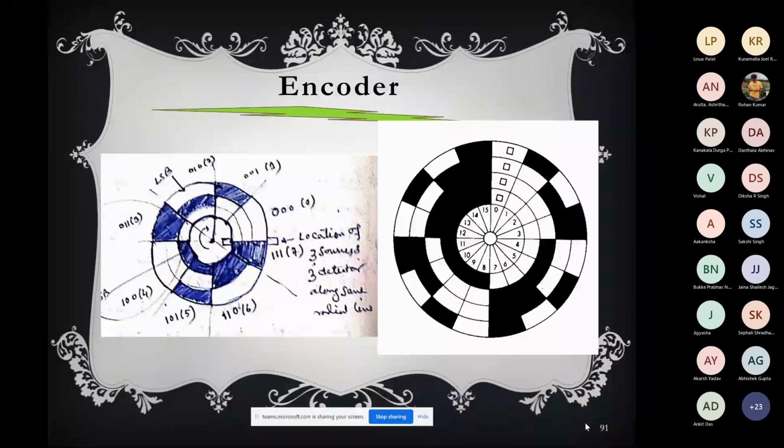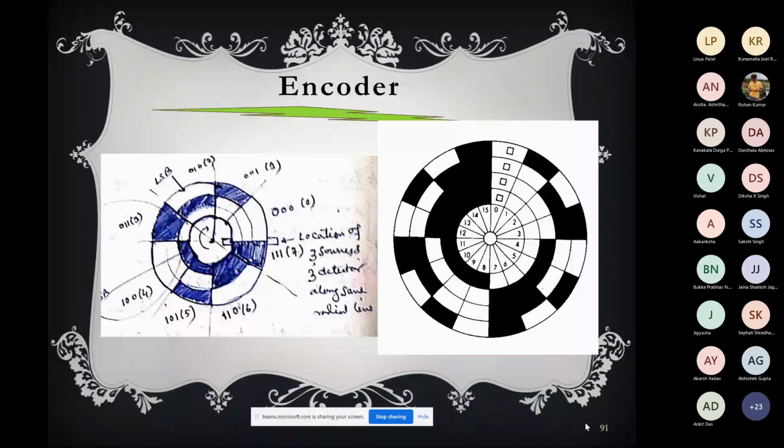Now the disk is divided into a few rings. We call each a track. Based on the resolution, the number of tracks is selected. Suppose you want the resolution in between 0 to 45 degrees, which is a very crude resolution nobody wants. So you can go for 3 tracks. If you want 0 to 22.5 degrees, you can go for 4 tracks.